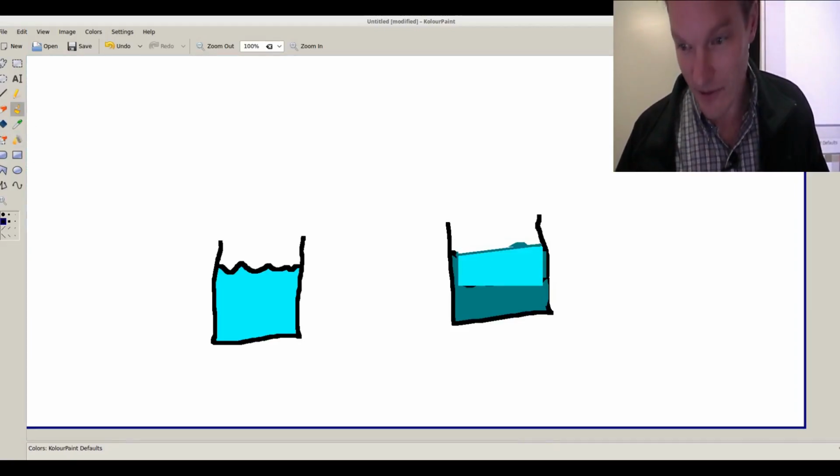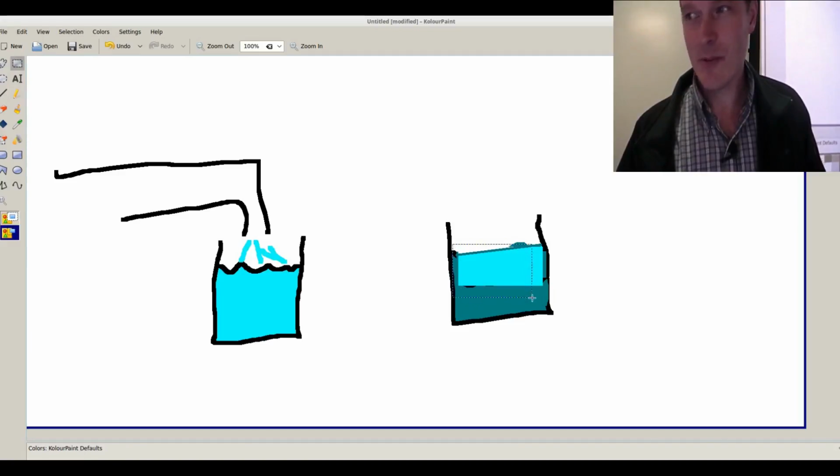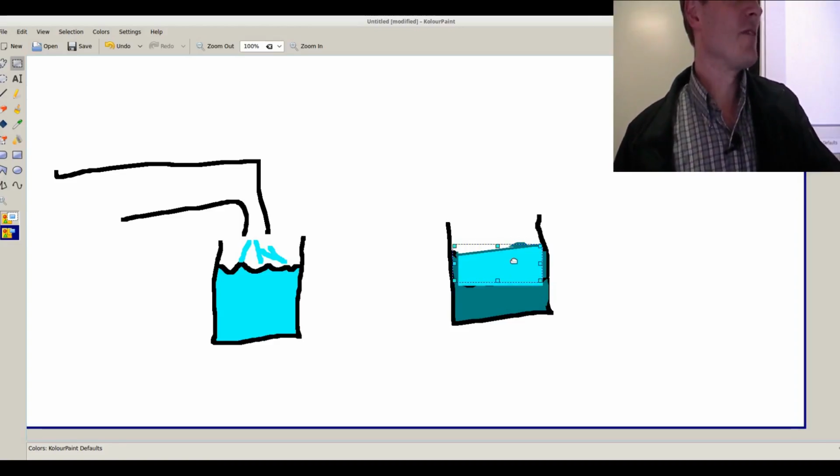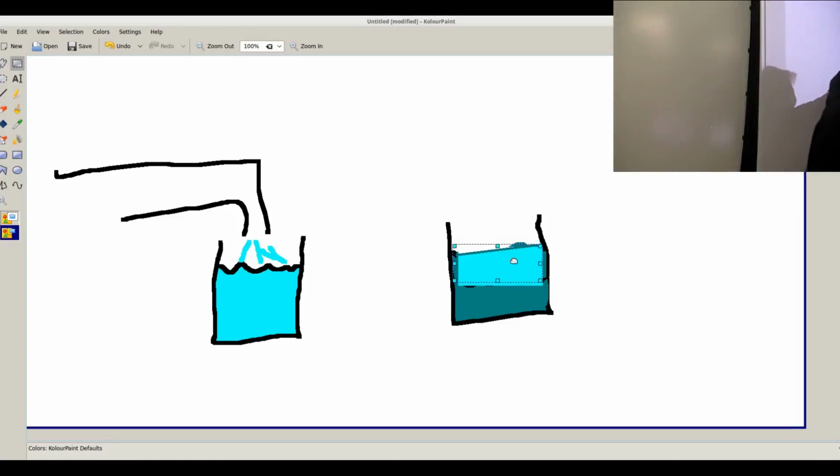Here, let's draw a faucet too. Okay, now what's going to happen to this? Well, it's a little bit cleaner. And then we dump 50% of it out, we fill up that 50% and repeat, and we keep on doing this over and over and over and over.